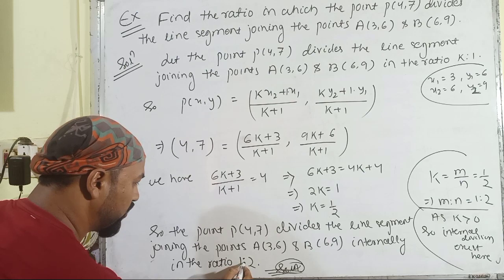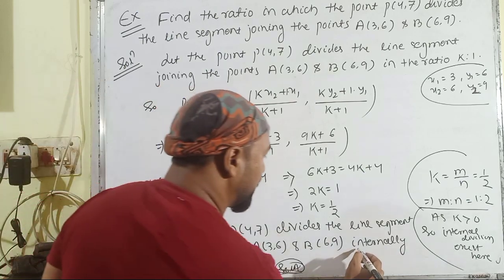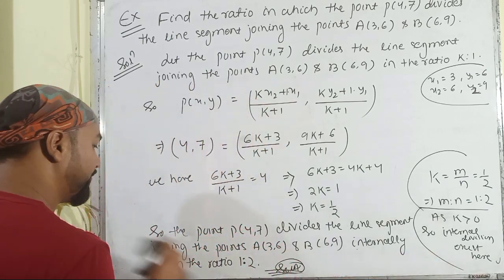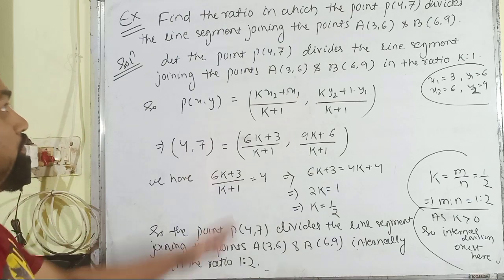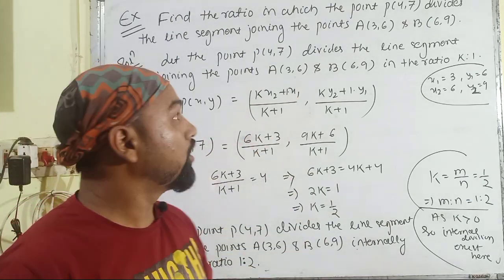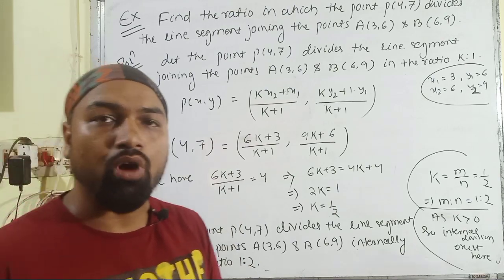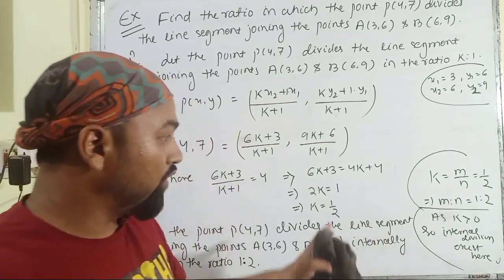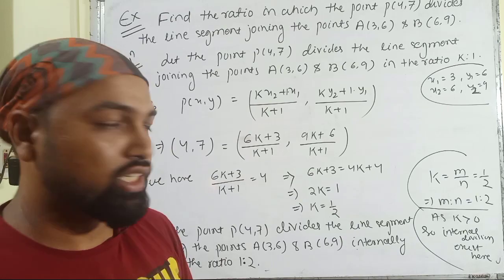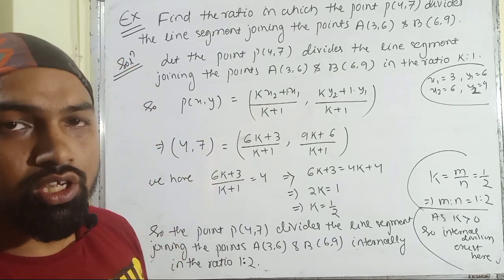The required ratio is 1:2 and it divides internally. So here is the complete solution of the given problem, in which we have evaluated the ratio as well as the case of division. Internal division exists here. Then let us move through the next problem.